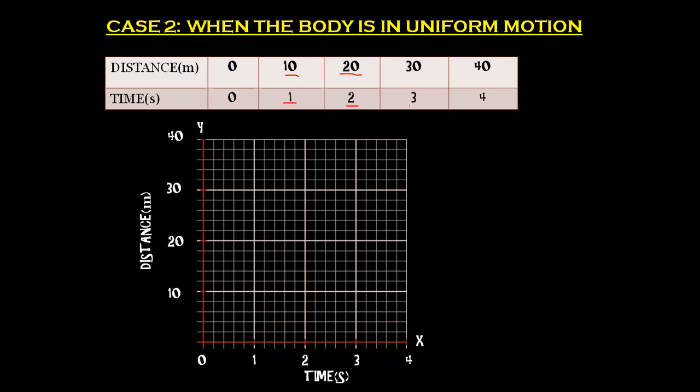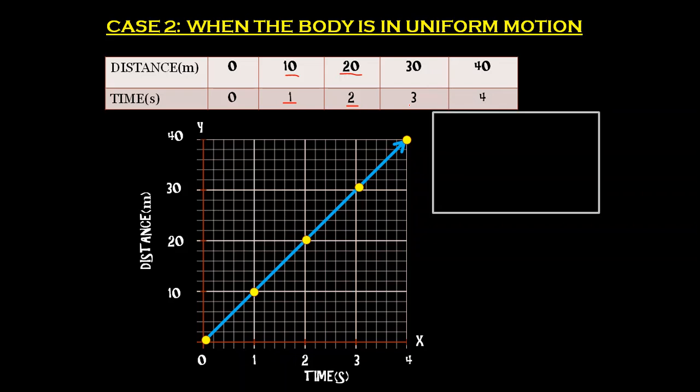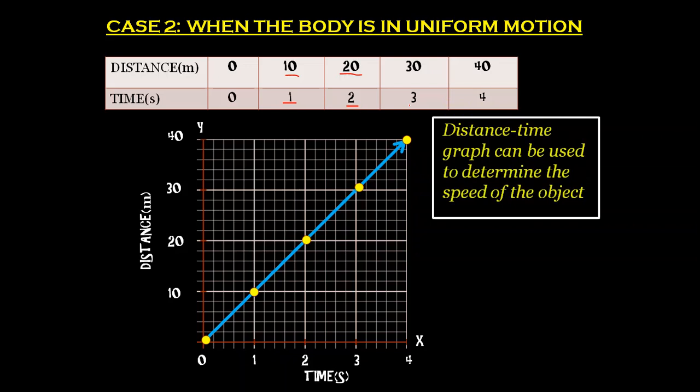Again, time is taken along x-axis and distance is taken along y-axis. Now we are plotting the points (0, 0), (1, 10), (2, 20), (3, 30) and (4, 40). So the graph looks in this way. There are two important points related to this graph.